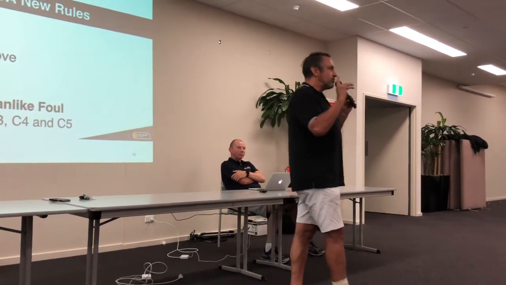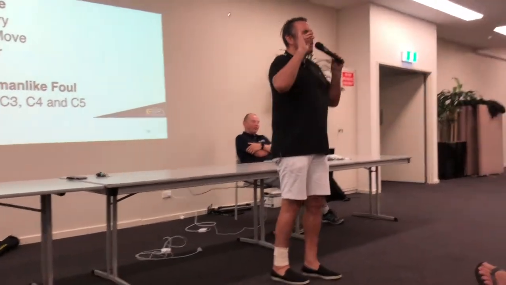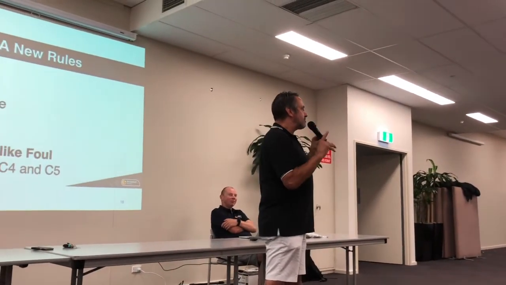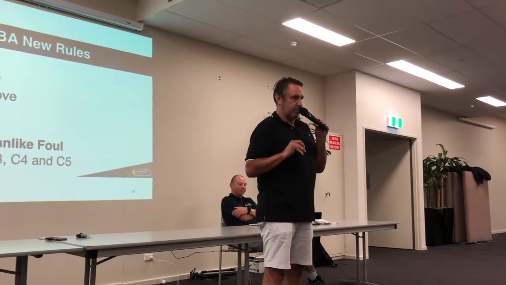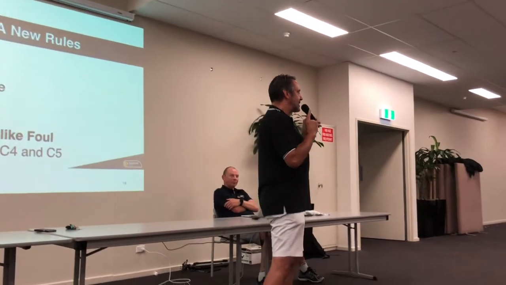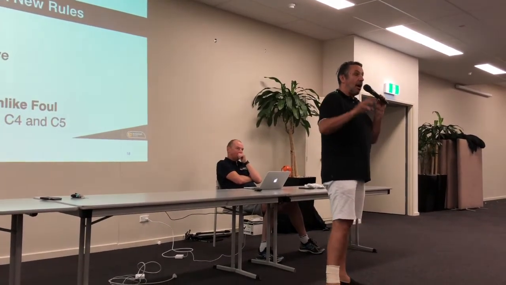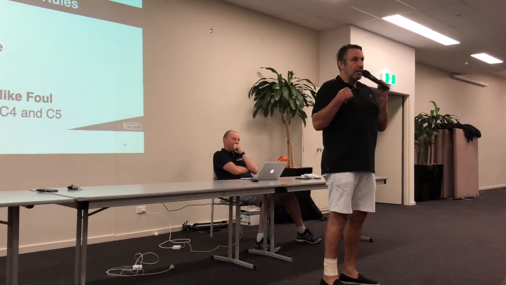However, if you judge the first criteria, which is criteria 1, which states no legitimate attempt to play the ball within the spirit and intent of the rules. Right, so no legitimate attempt to play the ball within the spirit and intent of the rules. In my opinion, if we apply that rule, it's exactly the same as C3.